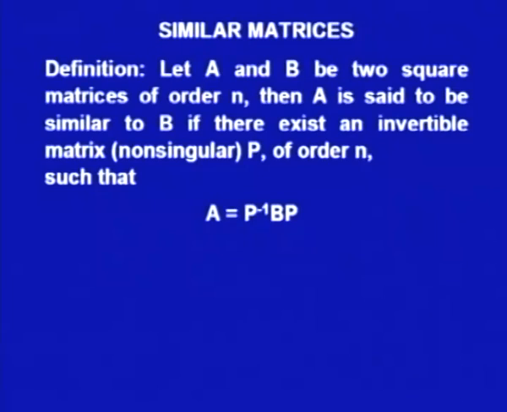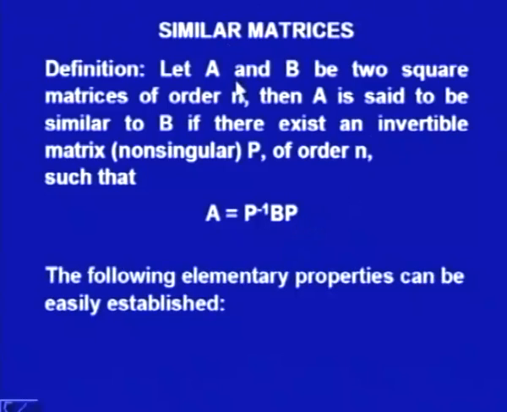Now we come to similar matrices. Let A and B be two square matrices of order n, then A is said to be similar to matrix B if there exists an invertible matrix P of order n such that A can be represented as P inverse B P. The following elementary properties can be easily established with respect to similar matrices.